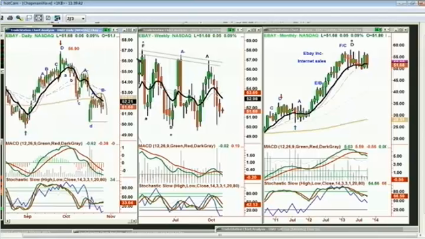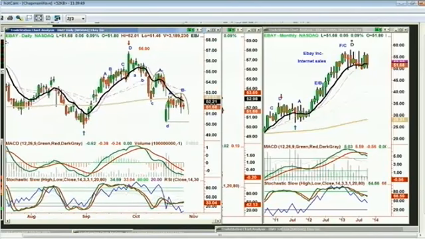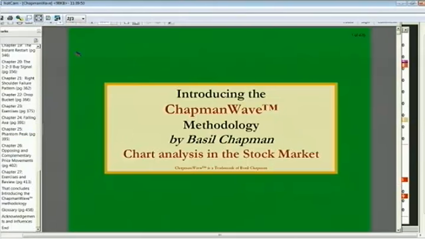Folks, let me just go through this quickly here. This is what we're looking at. There are patterns that I like to look at. In the Chapman wave, there's a particular pattern, and I used to call it the dreaded H. I still call it the dreaded H, but it's really the H formation. Chapter 17. So let's go to Chapter 17. Let me just show it for a moment.